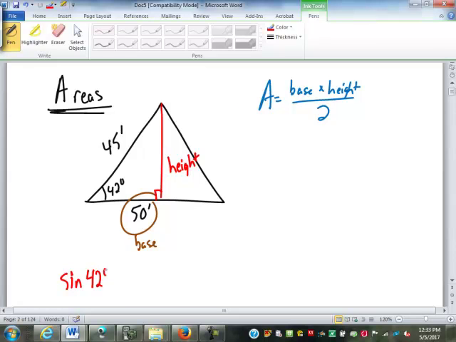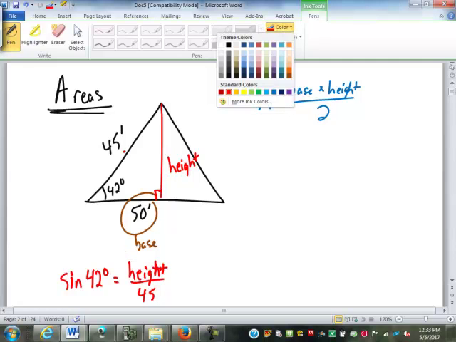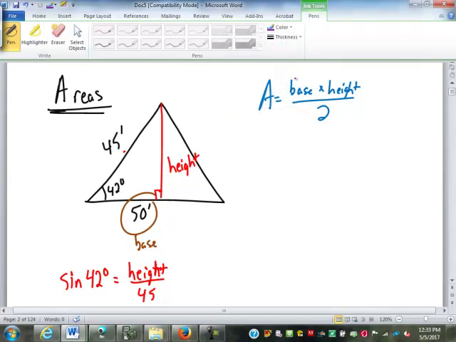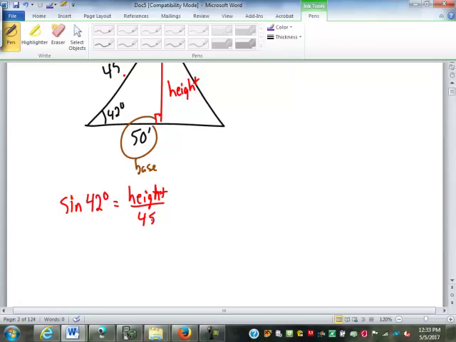The sine of that 42 degrees would equal that height over the 45 feet here. This is now the hypotenuse of that right triangle, right? So how would I solve for the height? Well, I would just multiply by 45. So 45 times the sine of 42 degrees.